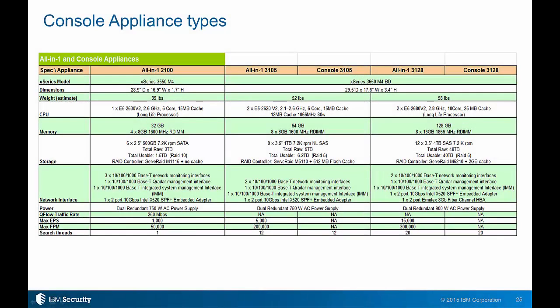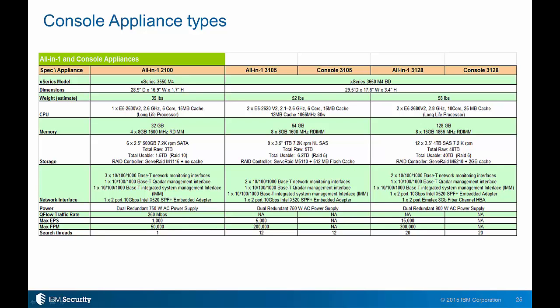There are three different types of console appliances. The 2100 series can only be deployed in an all-in-one environment. This appliance is designed for smaller environments. The appliance has a 2.6 GHz 6-core processor and comes with 32 gigs of RAM and a total of 1.5 terabyte storage capacity.